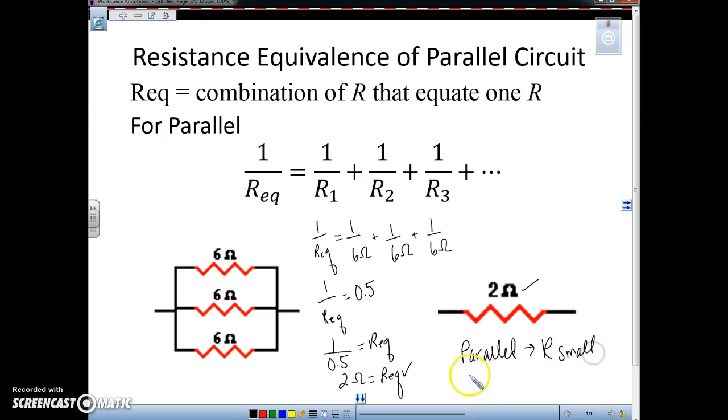As a comparison, remember our series, they actually got to a larger value than what you started. If you start with 6, you're going to get something lower than 6 in parallel. With series, if you start with 6, you're going to get higher than that. So this is higher than the original resistance.